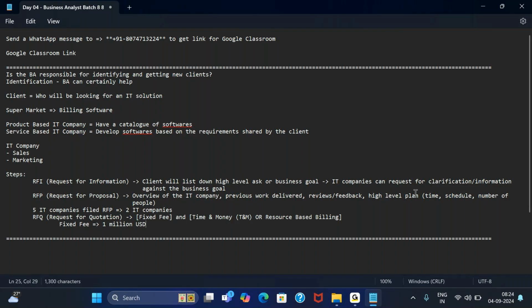I have already told you how much time it will take, how many people, approximate schedule, approximate number of people, all those details. Now I'm telling you, I will take $1 million and I will give you the project. So that is fixed fee. The IT company will upfront quote an amount.